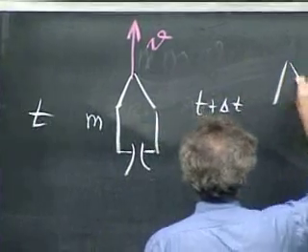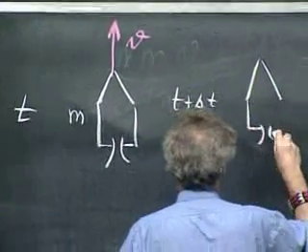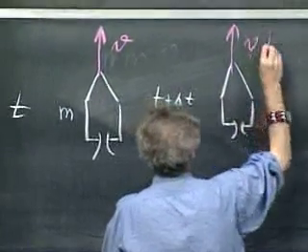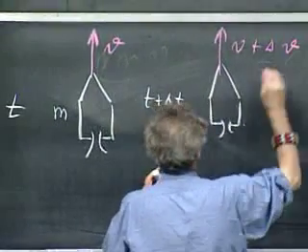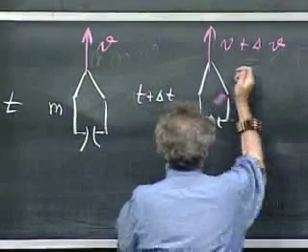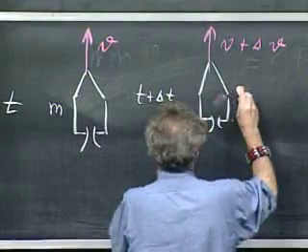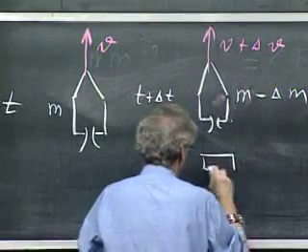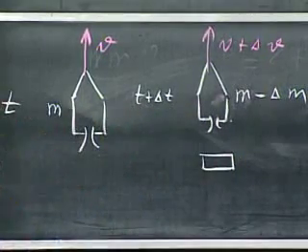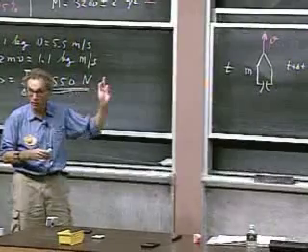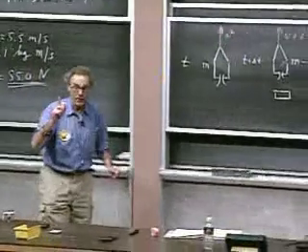The rocket has increased its speed, v plus delta v. The mass is now m minus delta m. And here is a little bit of exhaust that was spewed out with velocity u relative to the rocket.